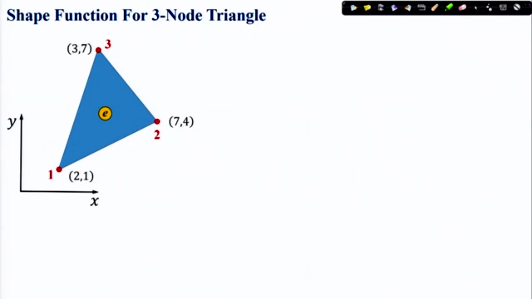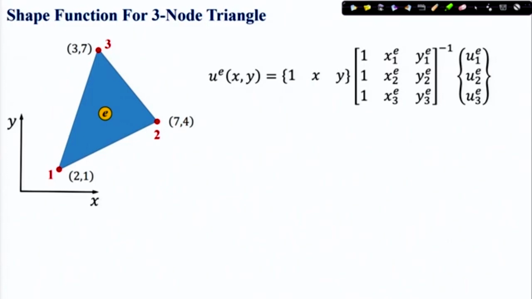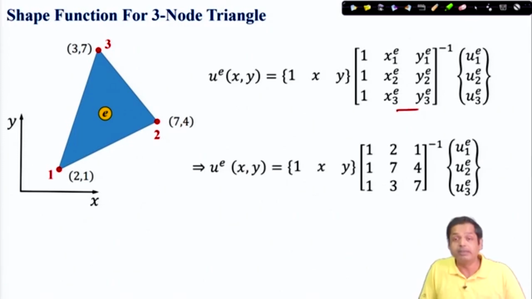Take an example like this. We know the coordinates are this, and then we know that our u is equal to this. Now if we substitute all the values of the coordinates in this, then we will get this.